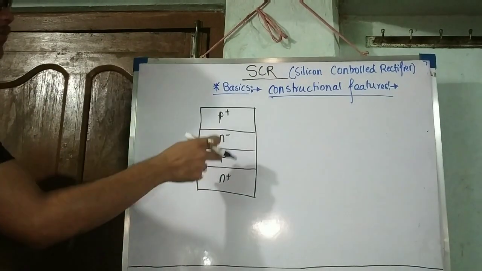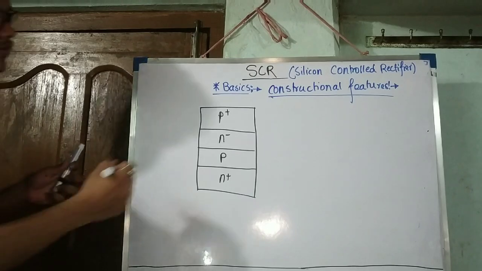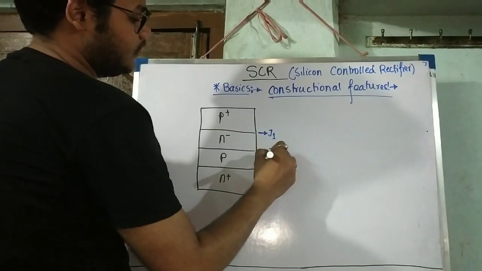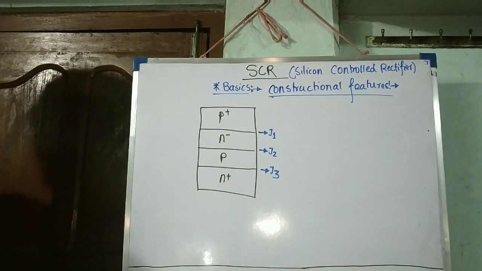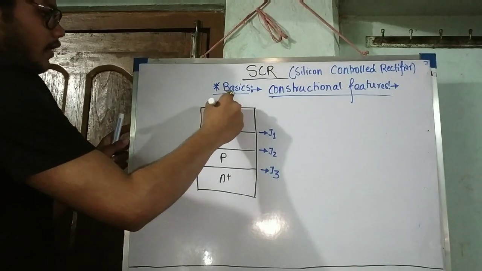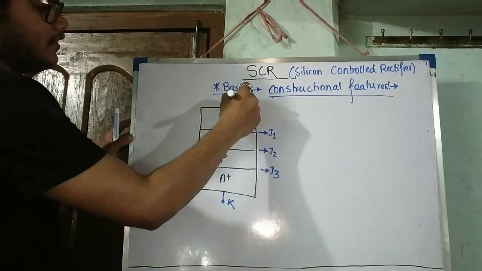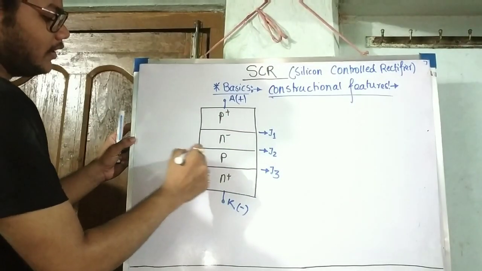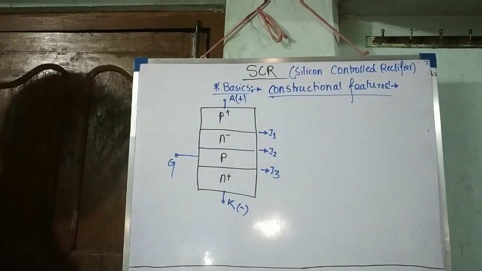So it is a PNPN device, and there are 3 junctions. This junction is J1, this junction is J2, and this junction is J3. You have the anode here, which is the positive terminal, the cathode here, which is the negative terminal, and you have the gate terminal over the P layer.